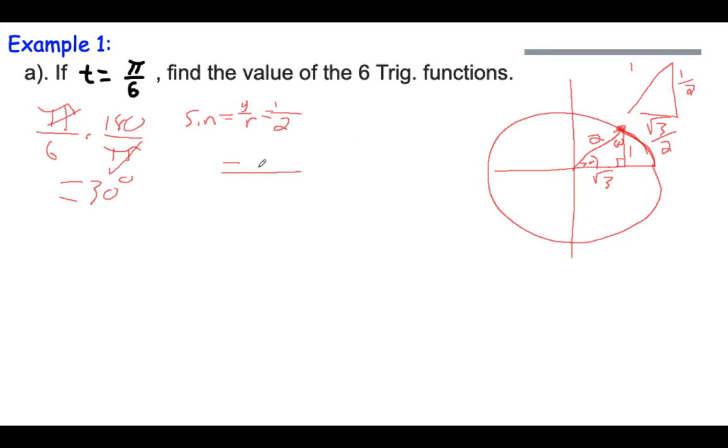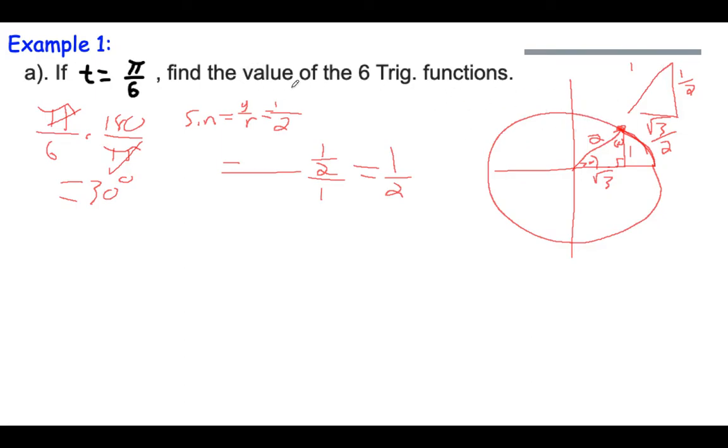Your opposite is 1/2 divided by 1, which equals 1/2. The trick is that no matter how big these side lengths are, these triangles are similar, all the same angles, and so their ratios have to be the same.